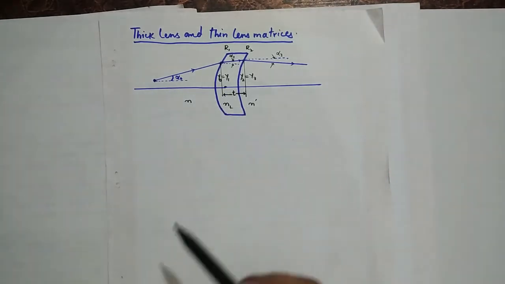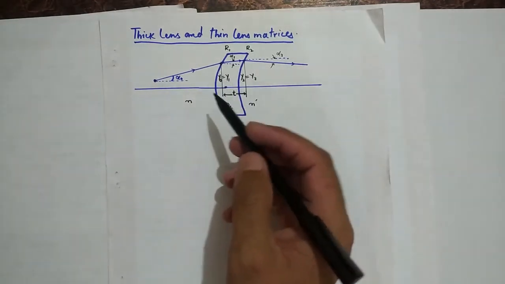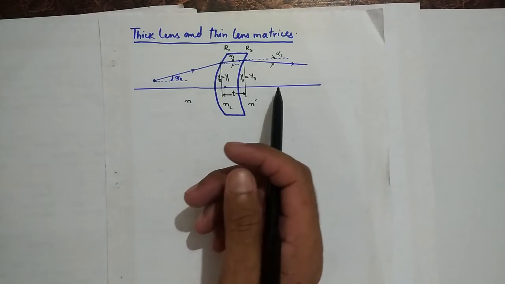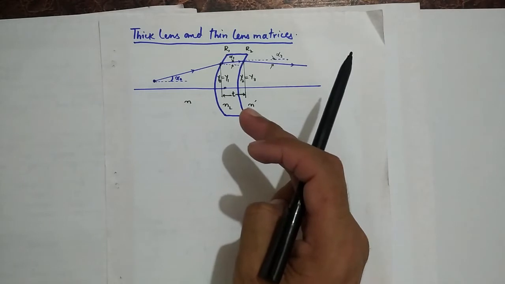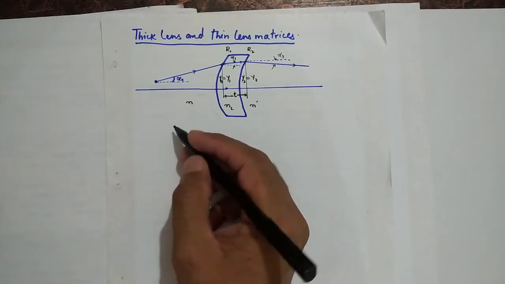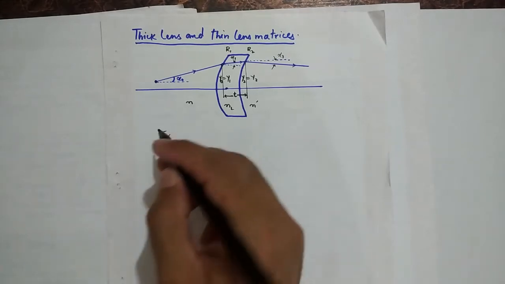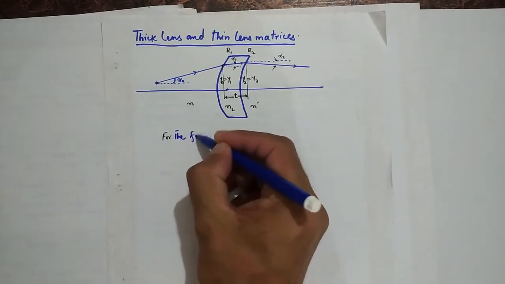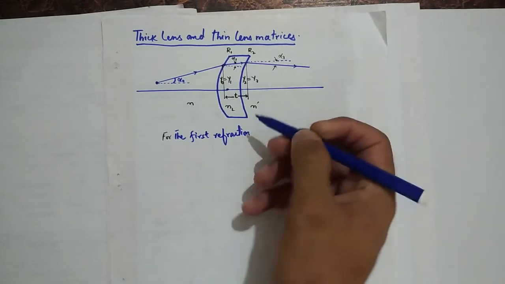Therefore, referring to the figure, for simplicity we have chosen a lens with positive radii of curvature, and for the first refraction the corresponding matrix is needed here at this point.